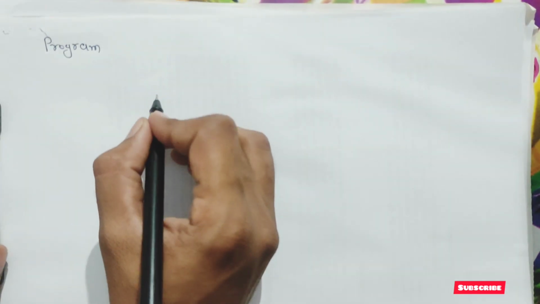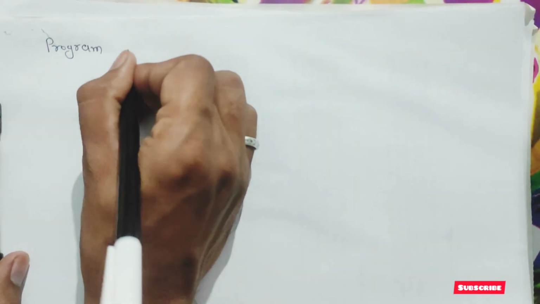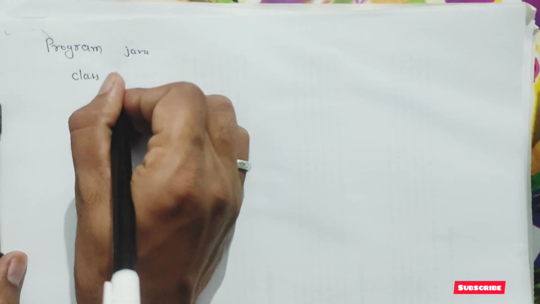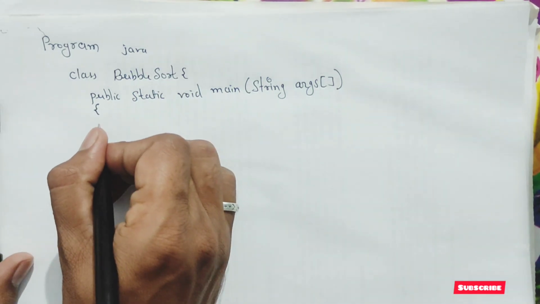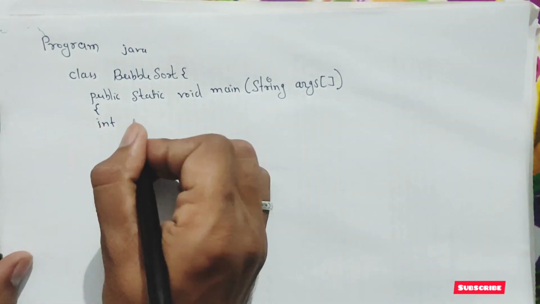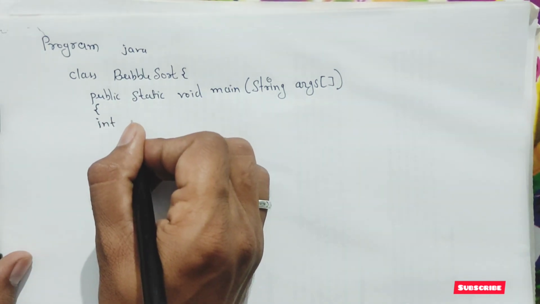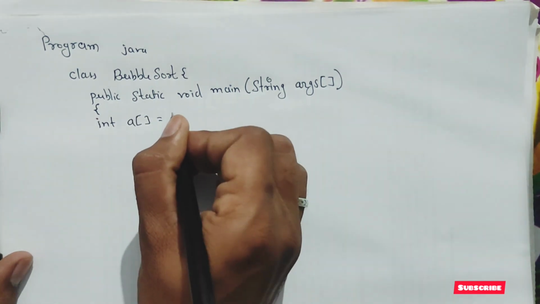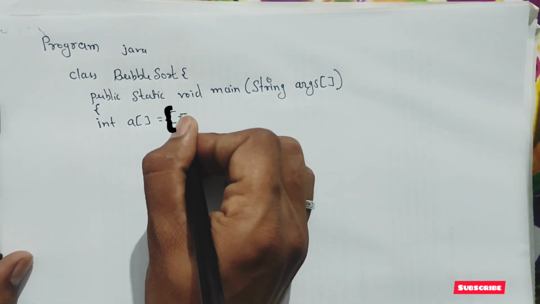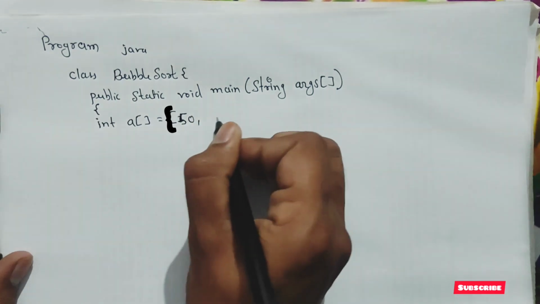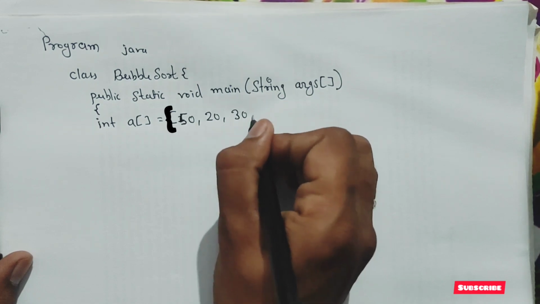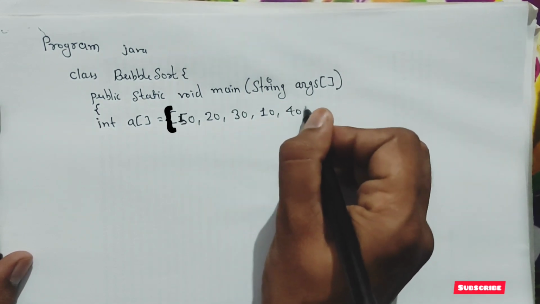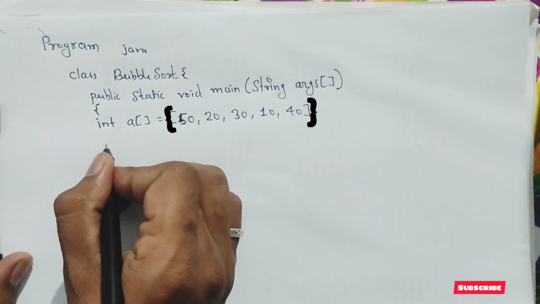Okay, so let's see how we will write the program. I am creating the program in Java. First we create a class, suppose BubbleSort. Now if I have a list A where the elements are like this: 50, 20, 30, 10 and 40. How will it start?